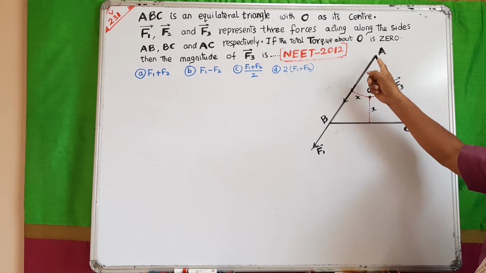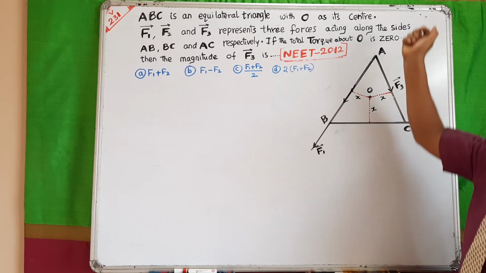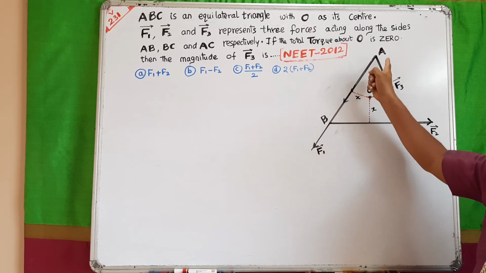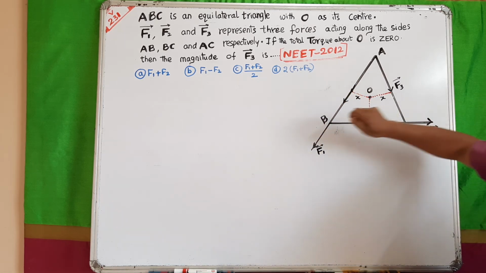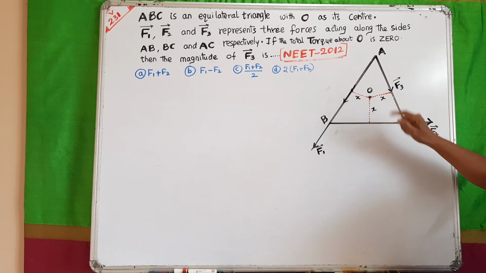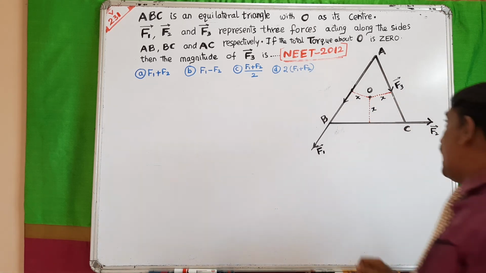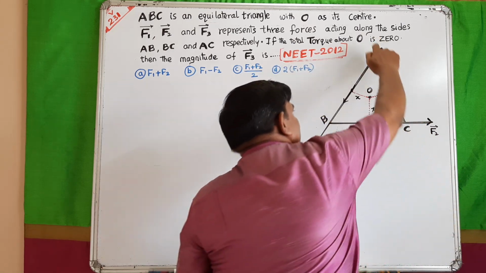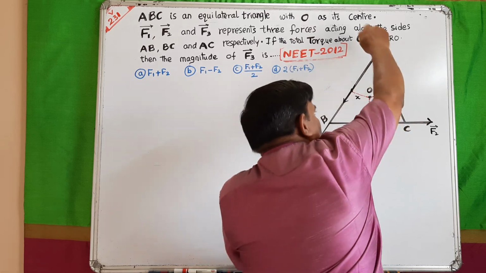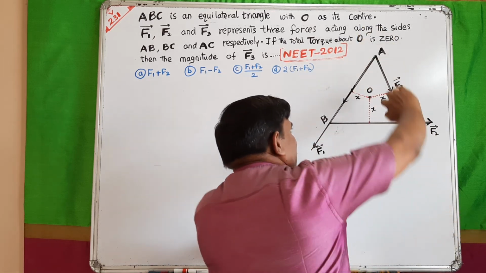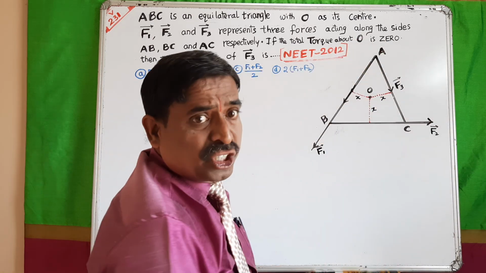When force F2 is acting about O, the triangle is rotating in anti-clockwise direction. If F3 is acting along AC about O, this triangle will rotate in clockwise direction.